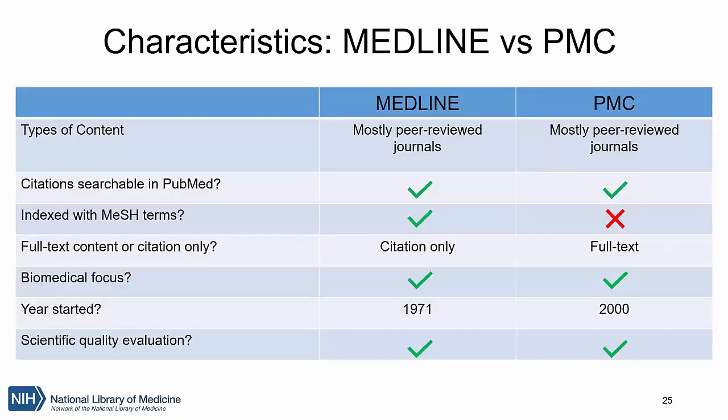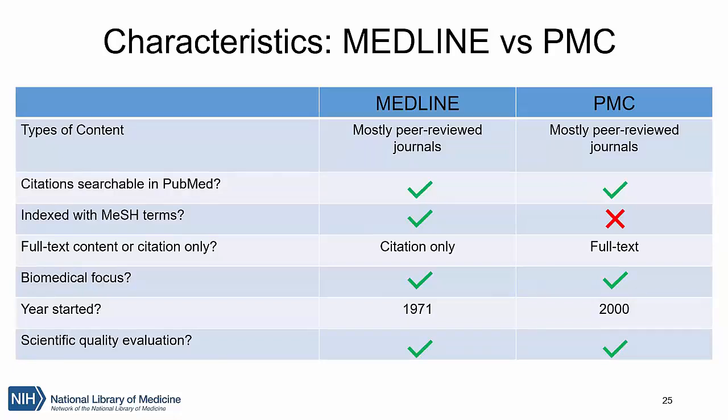So at this point, you might be asking, why does NLM have two separate journal databases? Medline and PMC have distinct purposes and characteristics, some of which are shown here on this table. Both databases primarily contain peer-reviewed journal literature, and their citations are searchable in PubMed.